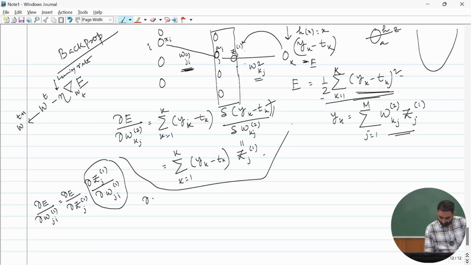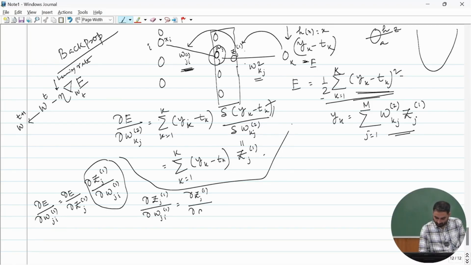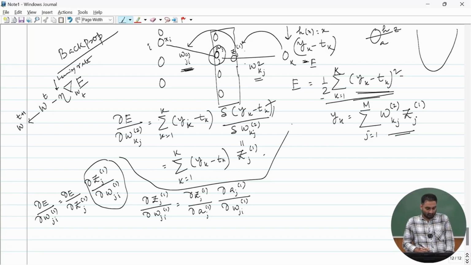Now del zj1 del wji1: we have another intermediate part, which is A, because I am moving from this to this. We have to take the partial derivative with respect to A also: del zj1 del aj1 times del aj1 del wji1.